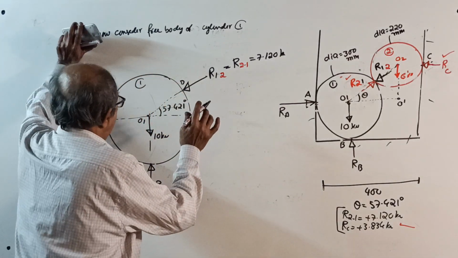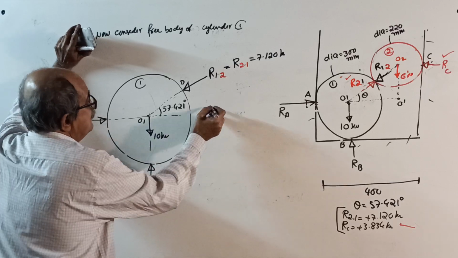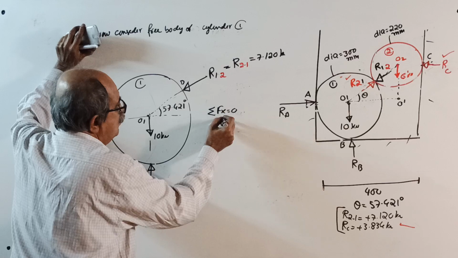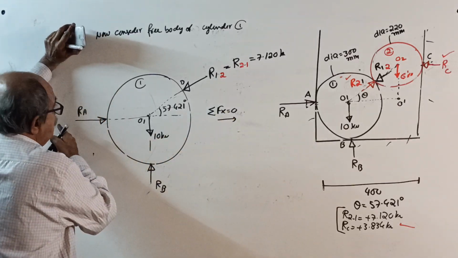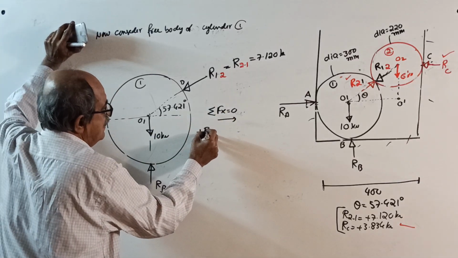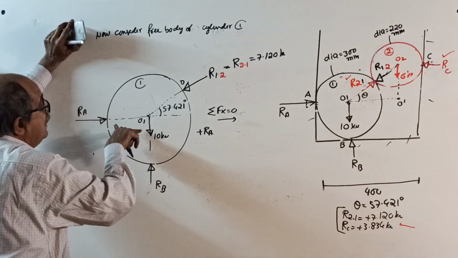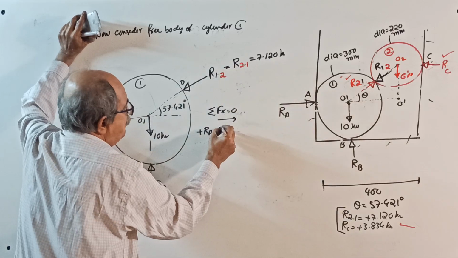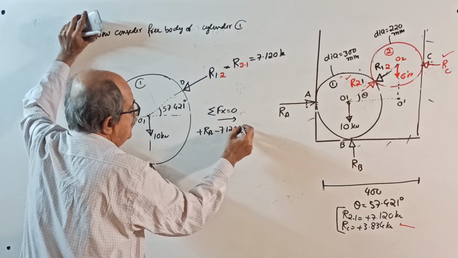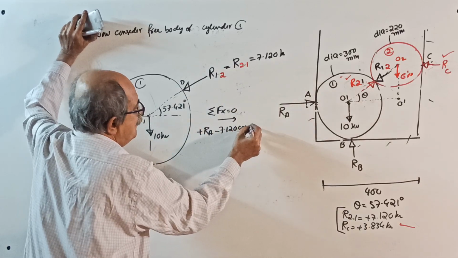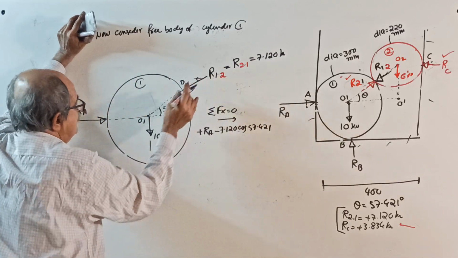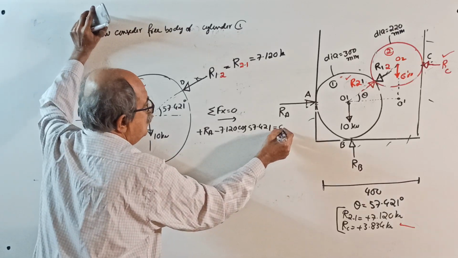Okay, now see there. Sigma Fx equal to 0, right side positive. Plus RA minus 7.120 into cos of 57.421, this component, this has no component, equal to 0.